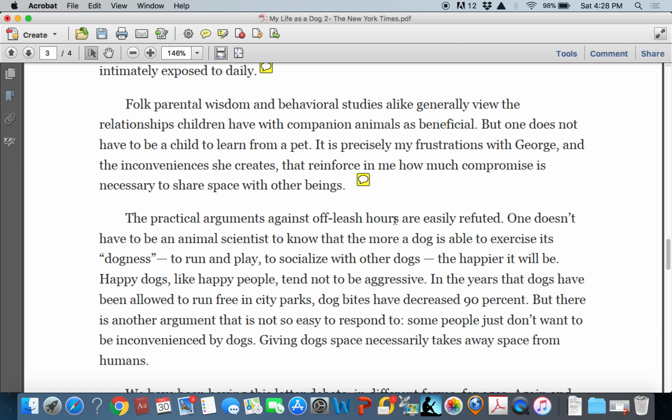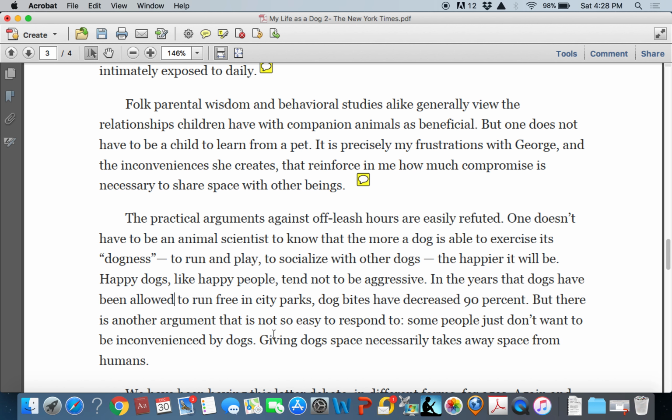Arguments against off-leash hours are easily refuted. So here we have him actually weighing in on the leash hour issue, which we haven't heard about since the first paragraph. And he says that the arguments against off-leash hours are easily overcome. One doesn't have to be an animal scientist to know that the more a dog is able to exercise its dogness, to run and play, to socialize with other dogs, the happier it will be.